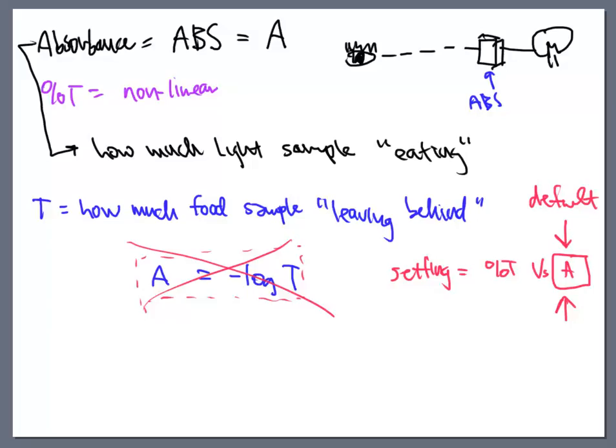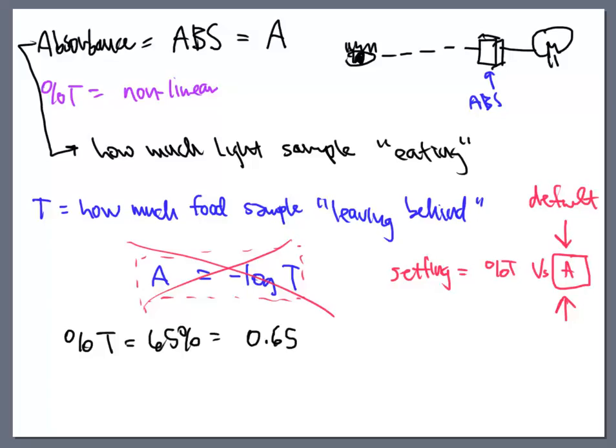All right? So notice this is log of T, not log of percent T. So let's say that my instrument is giving me a percent T value of 65%. Okay, I need to convert that over to a decimal. So move your decimal over 2 times.